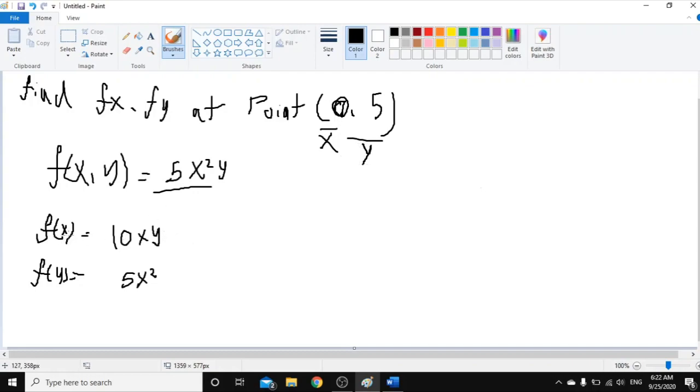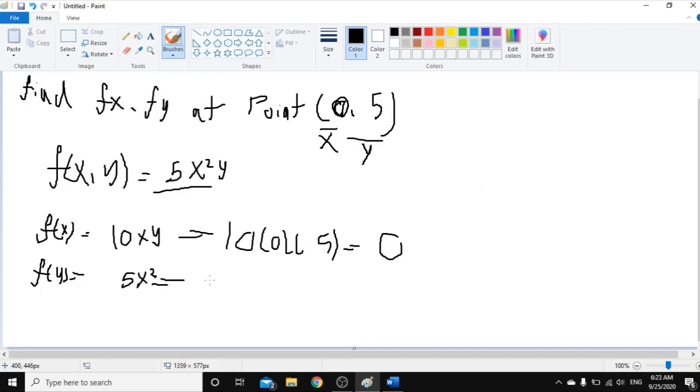So to find the value at every point, just fill 0 for x and 5 for y, and you can find the value of every partial derivative. So here 10 times 0 times 5 is equal to 0, because everything multiplied by 0 is 0.